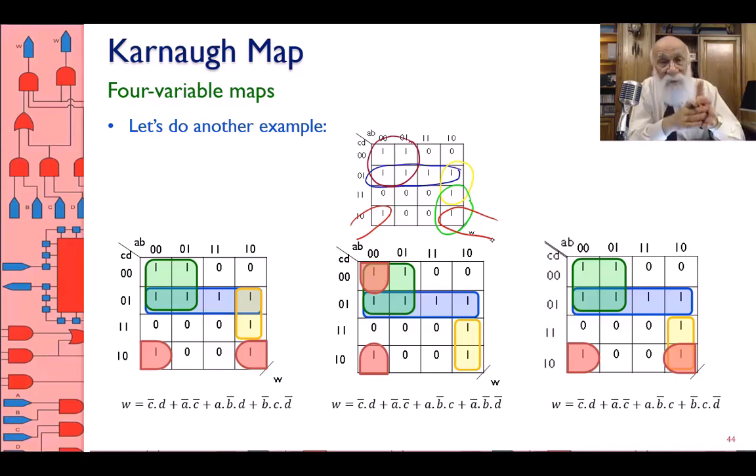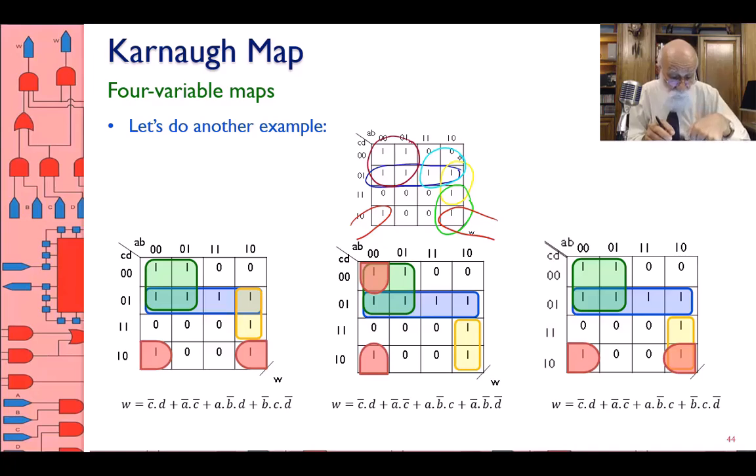Now, once again, you don't really need to list all the implicants. There are just too many of them. For example, this is an implicant. Let me do this in light blue. This is an implicant. And why is this implicant not a prime implicant?